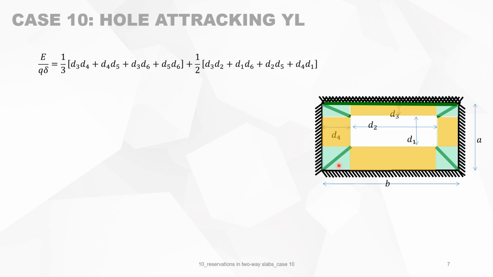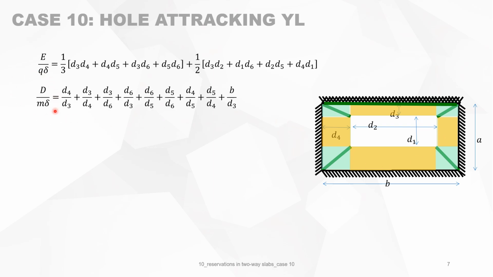So it's the surface of the green elements, which consists of triangles. So the mean deflection is delta over 3. Then we look at the orange elements, which are rectangles. So it's also very simple. It's D3 times D2 and so on. So this is very straightforward, and the mean deflection is delta over 2. So that's very easy.